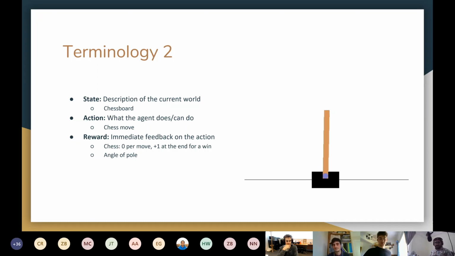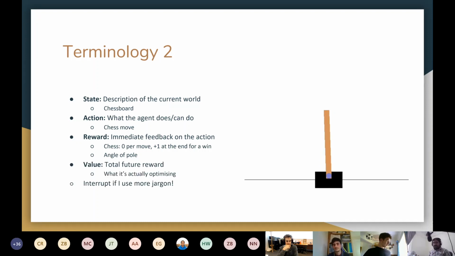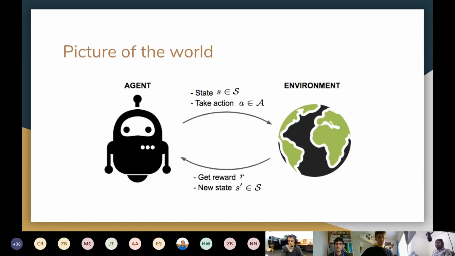And then finally, we have value, which is the total reward over the lifespan of the program. And this is the thing that's actually being optimized. You only really care about reward in that it informs the value. So this is a useful picture to have in your head.